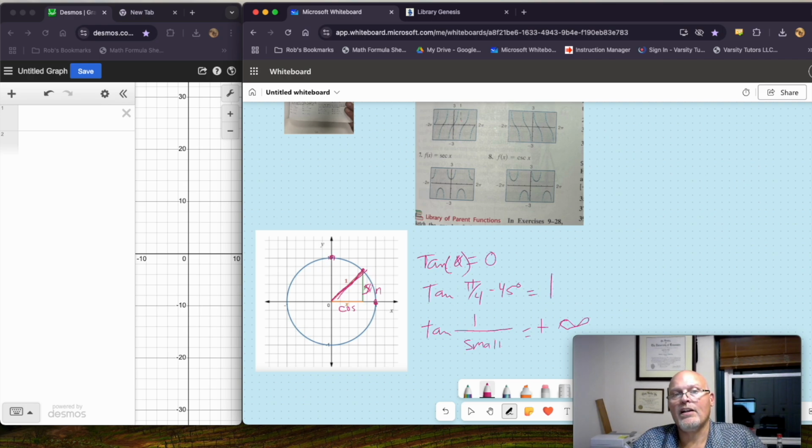So here it's going to head toward positive infinity. Down here I have cosine of 0 and sine of negative 1, so that's going to go to negative infinity. And it's going to repeat after I come past the vertical asymptote at pi over 2.